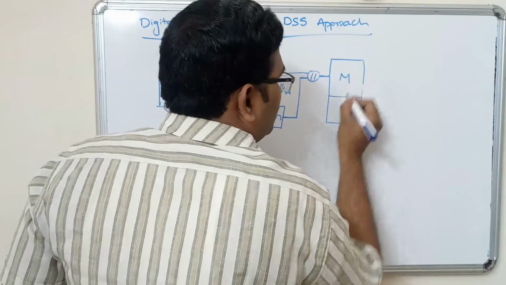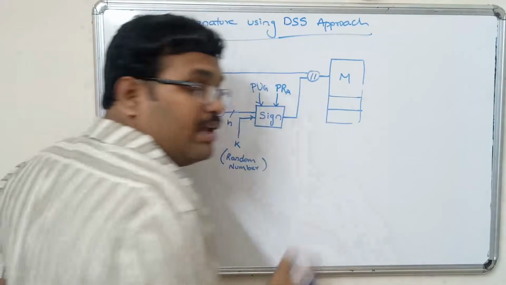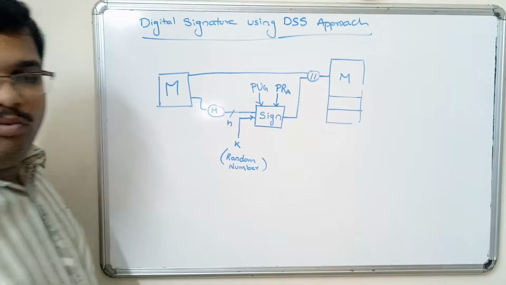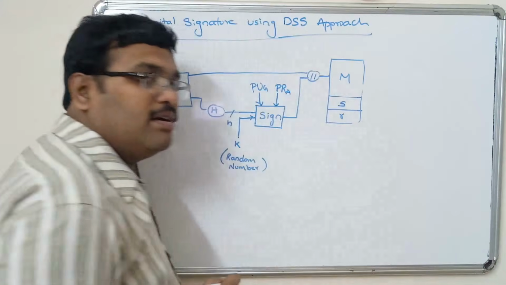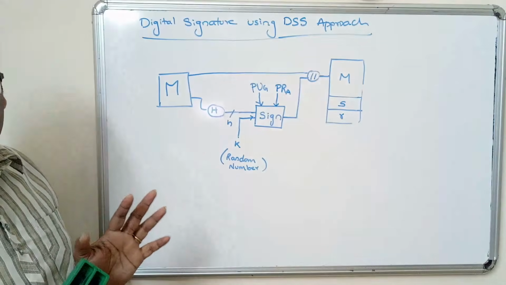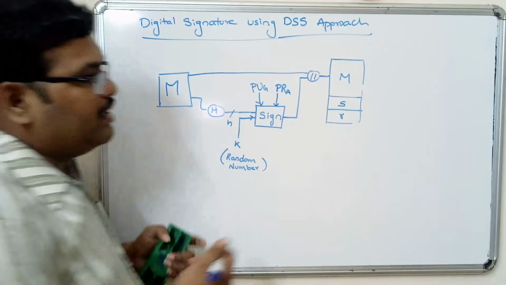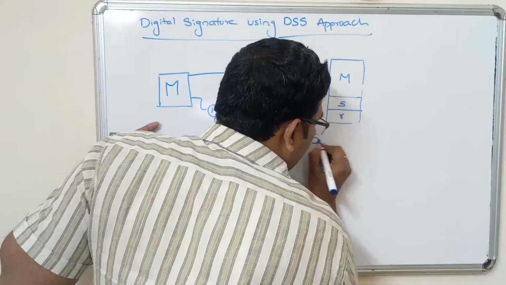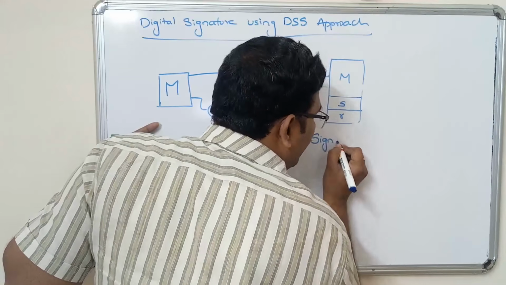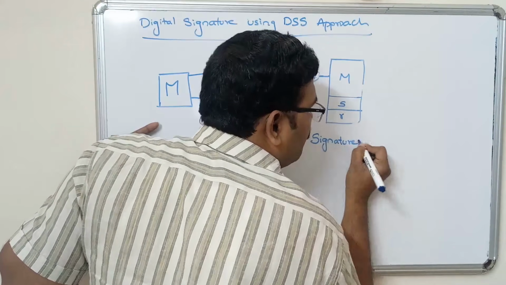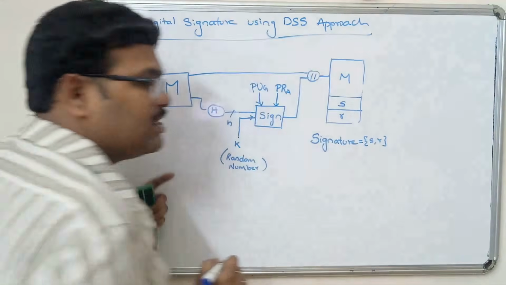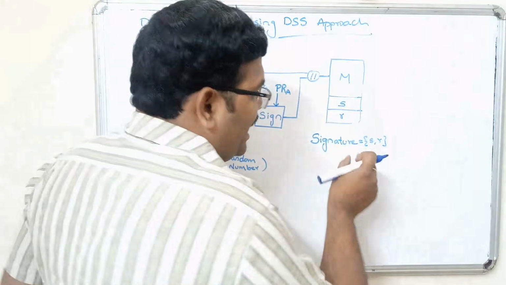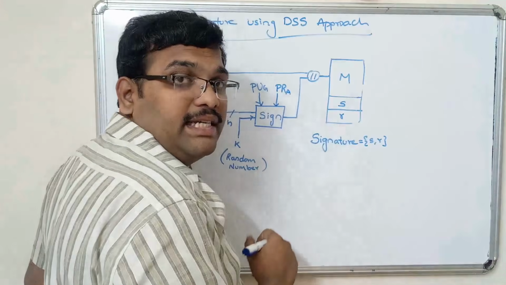Two components will be received, one is S, another one is R. So the signature components are S comma R. This is called a signature. Both S and R will give the signature.